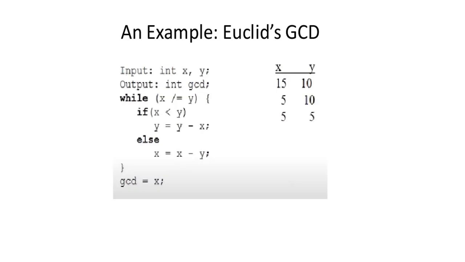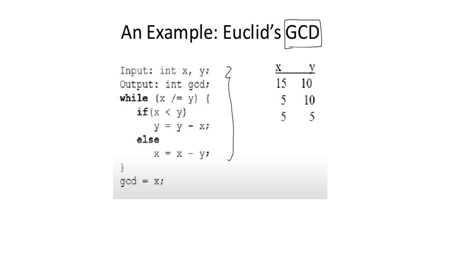Let's take a simple example: computing the GCD of two numbers. If I compute the GCD using Euclid's algorithm, it says that if the two numbers are not equal, you do continuous subtraction until you find the GCD.